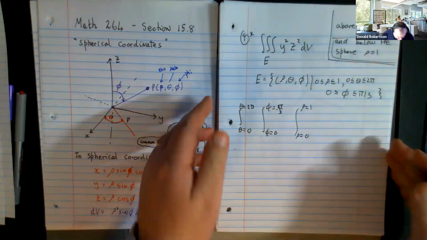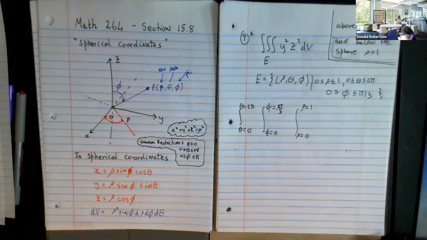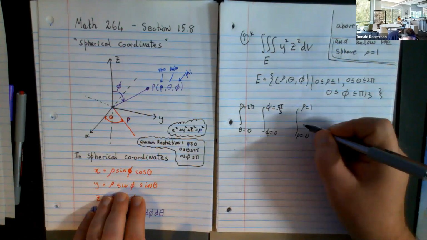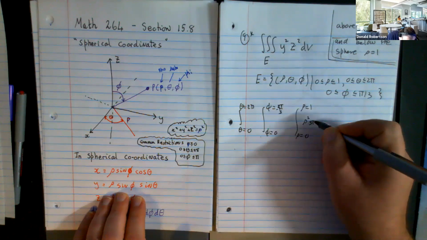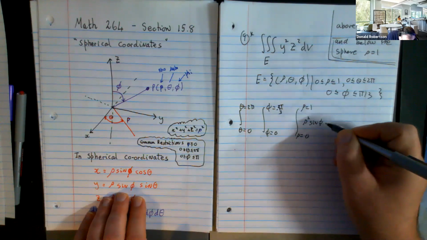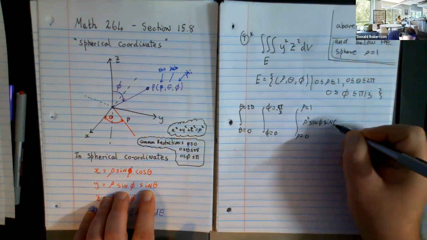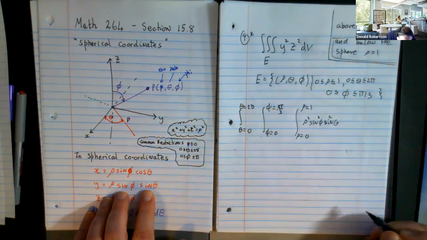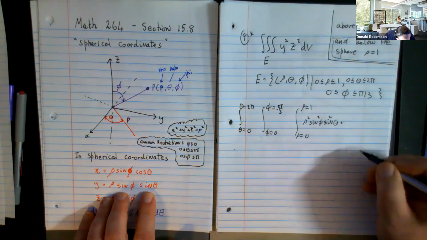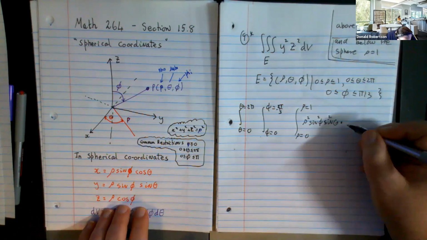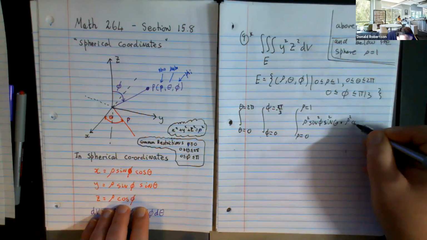Okay, I get y squared and z squared. That's not going to be pretty. Y squared is rho squared sine of phi sine of theta, squared, times z squared, which is rho squared cos squared phi.